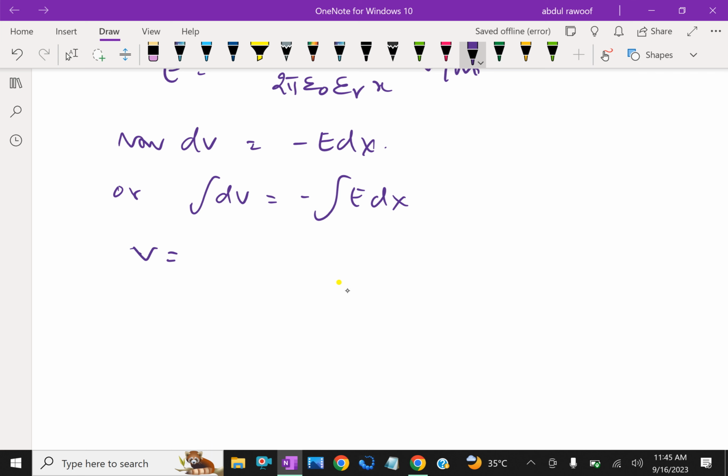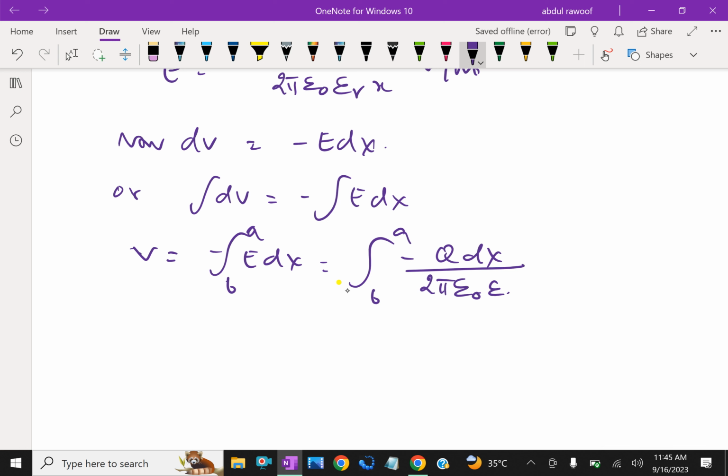The integral of dV is V, and the integral from b to a of minus E dx is equal to the integral from b to a of minus q dx over 2 pi epsilon 0 epsilon r x.